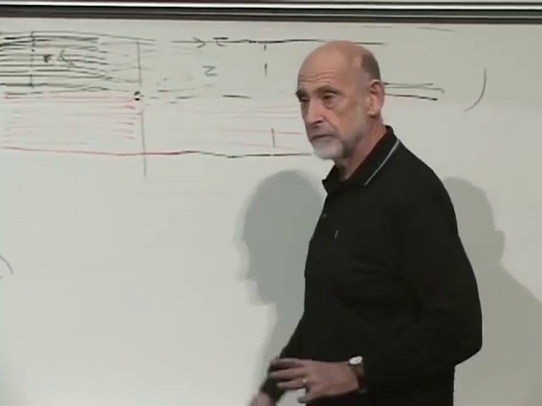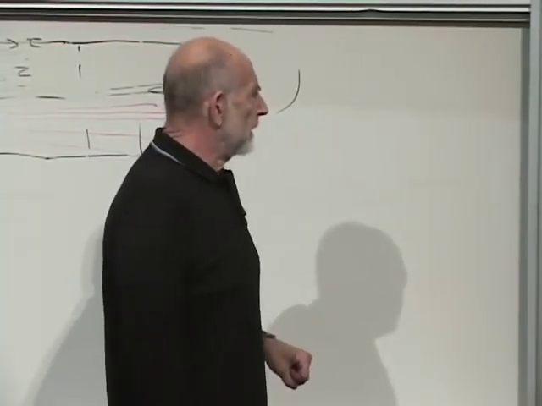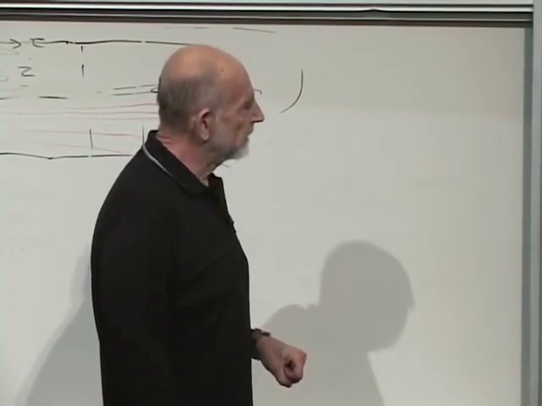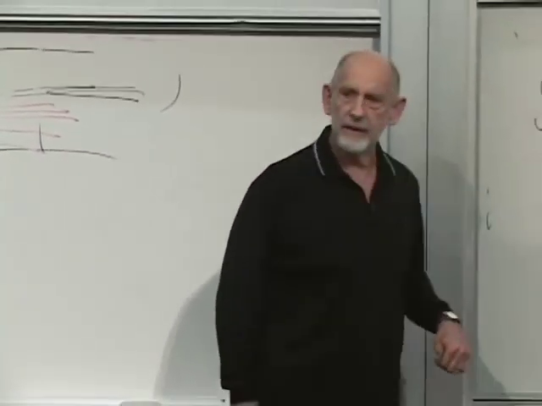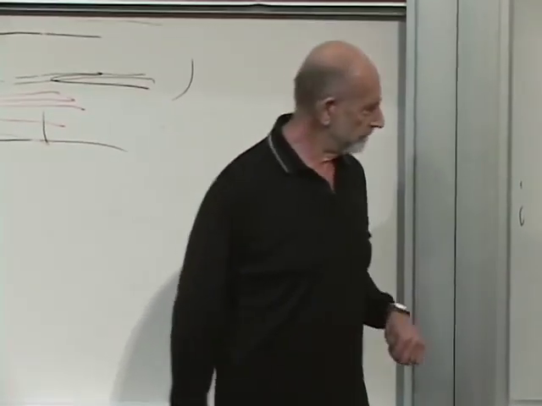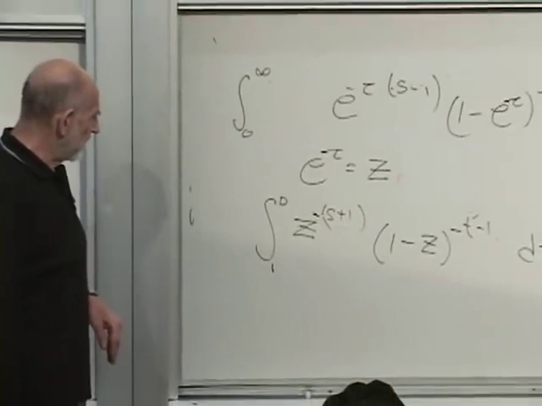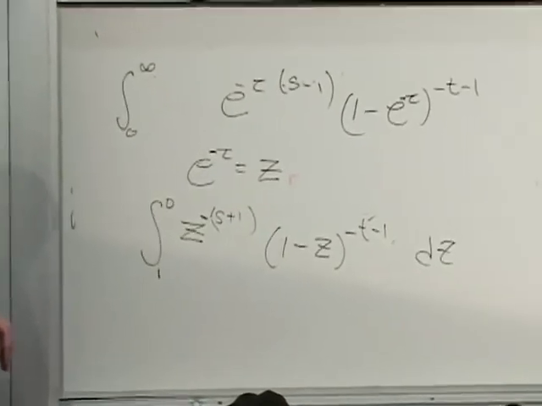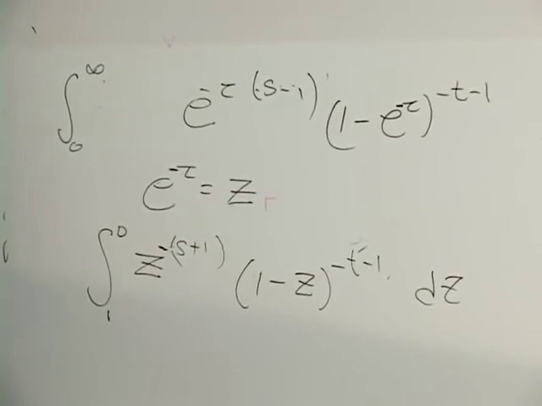The minus sign, I lost track of the minus sign. It comes from e to the minus tau d tau going to dz. Yeah. So you get a minus sign, that's why you switch the order. There's a minus sign somewhere. I'm saying e to the minus tau d tau, and then you make that just be dz, yes, so you get a minus sign.